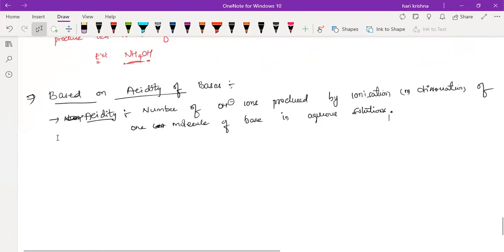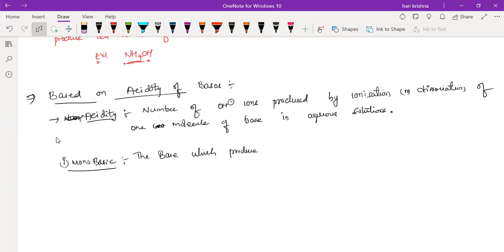Okay. So the first one is the monobasic acids. What is the meaning of monobasic? Single. A base which produces only one hydroxyl ion.